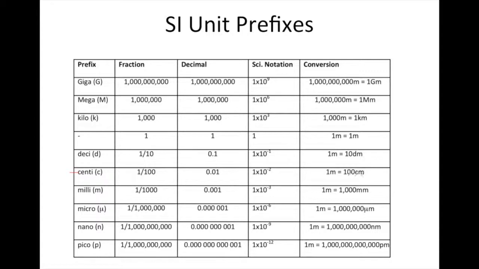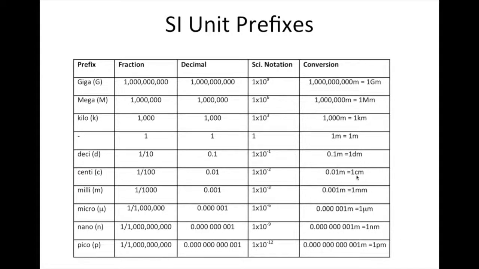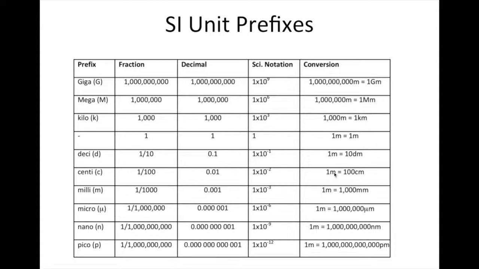Instead of saying 1 centimeter is equal to a hundredth of a meter, we could write it a little different way and say 1 meter is equal to 100 centimeters. Both of those are equally correct statements. So you can pick whichever you prefer. I prefer to do it like this because here you can see we don't have to use any decimals. We can just use whole numbers.